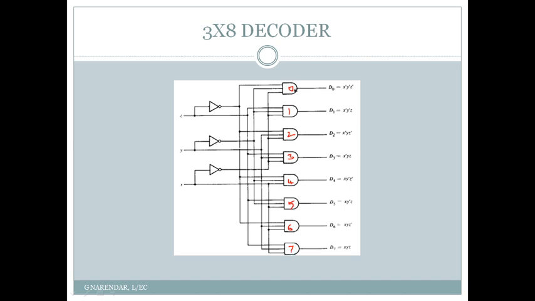For the 0th AND gate, to produce the minterm x bar y bar z bar, the inputs must be x bar, y bar, z bar. We are given only the original variables in their original form, and to obtain the variables in complemented form we can use NOT gates 1, 2, 3.